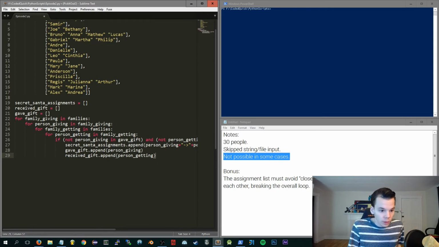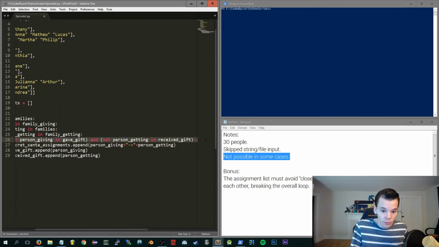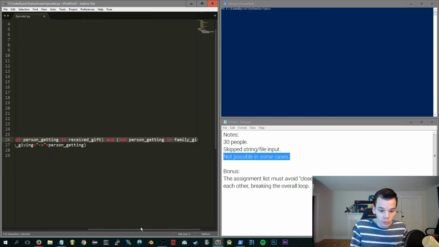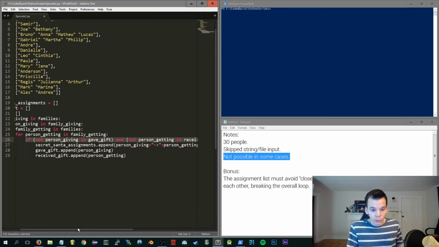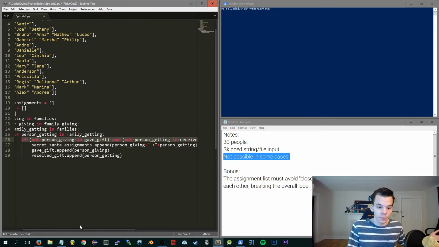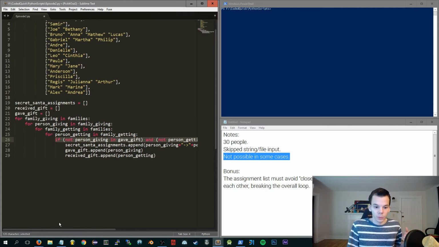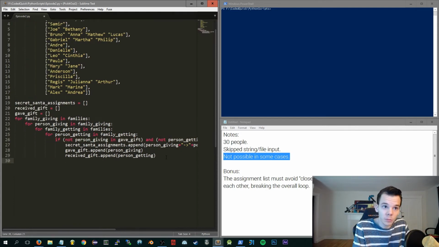That way, when we iterate through the next thing, this conditional will not return true because it's already been marked as having given a gift or having received a gift, unless we're dealing with a new transaction, right? So this is just keeping track of stuff. And that would be that.